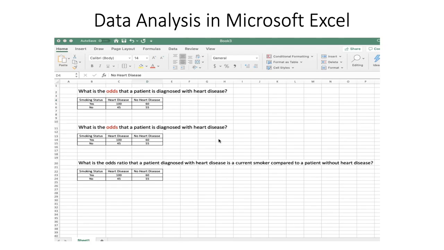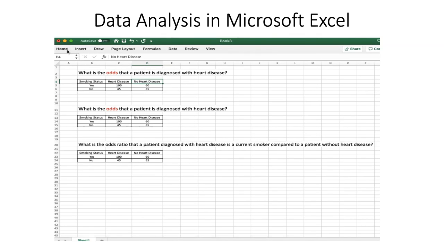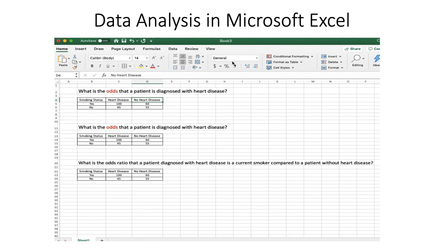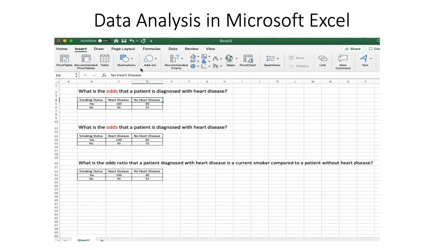First off, I'm using Microsoft Excel, and if you're not familiar with their interface, I suggest that you go on YouTube to learn how to use the Microsoft Excel software and understand the interface. And when I say interface, I mean these important tabs. So like home, what's in the home section, insert, in terms of you can create tables, pivot tables.